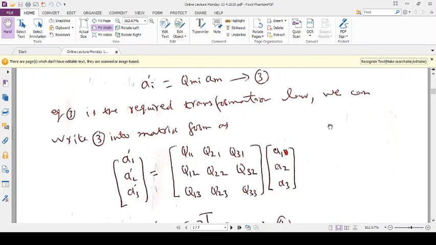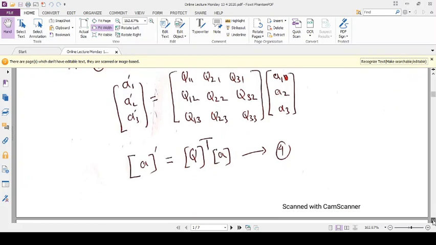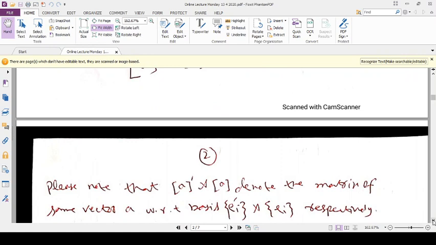Then you can write its matrix form in this way: A1 dash, A2 dash, A3 dash equals this simply. So this can be written as matrix A dash equals Q transpose times matrix A. Here you have to note one thing, the difference between this and this.